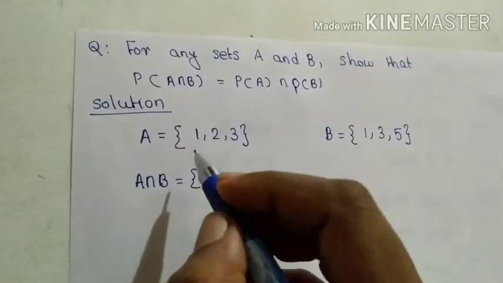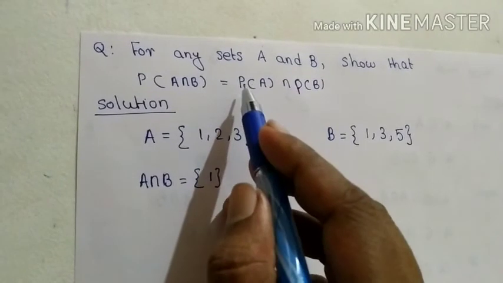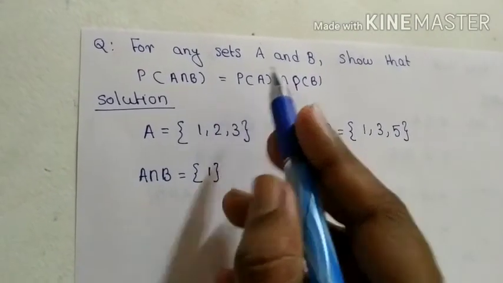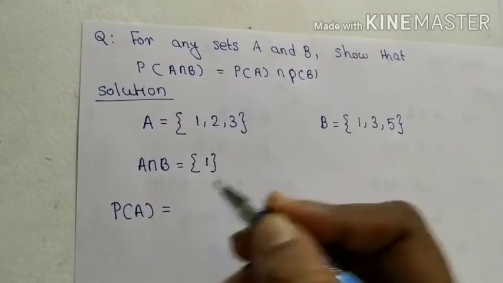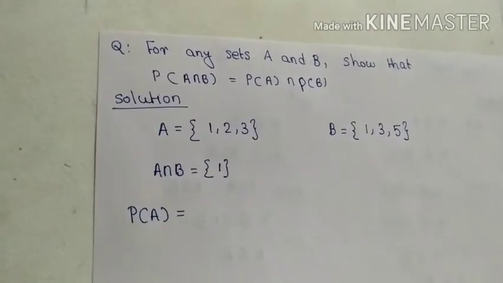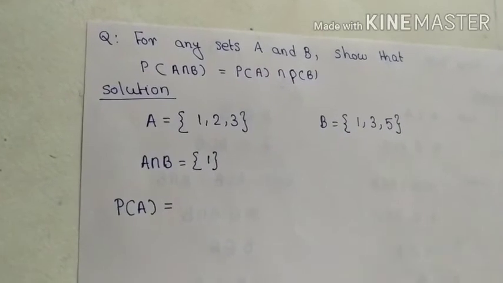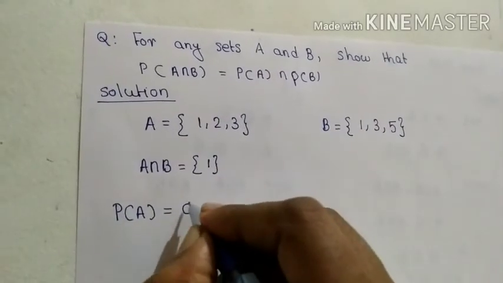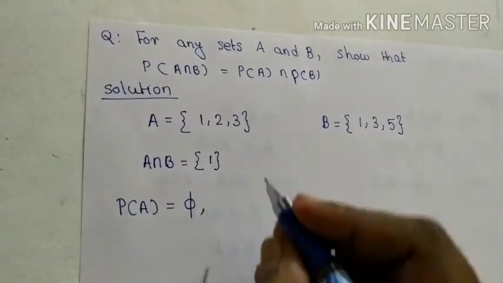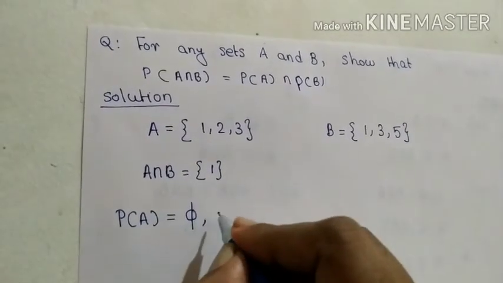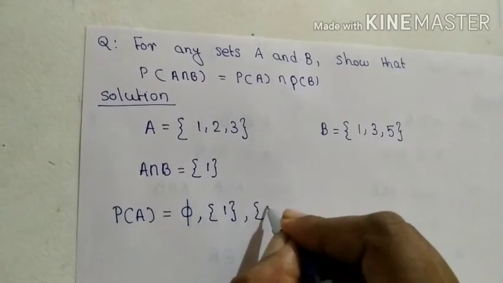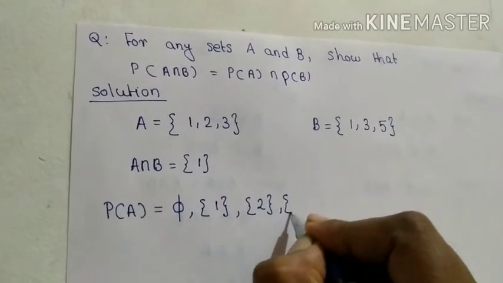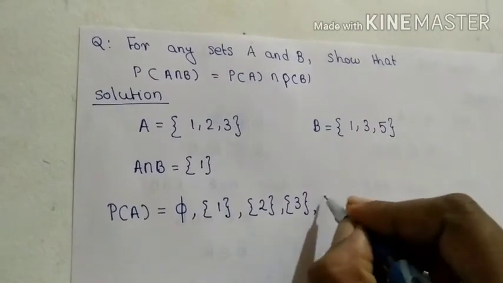Okay. Next we need to find P of A, that means the power set of A. We need to write the collection of all subsets, starting from the null set. Next the singleton sets {1}, {2}, {3}.